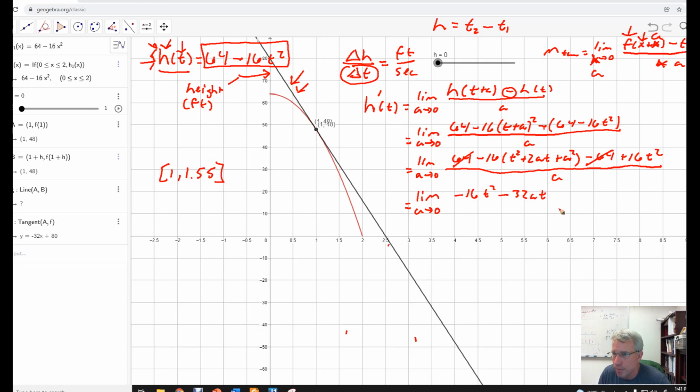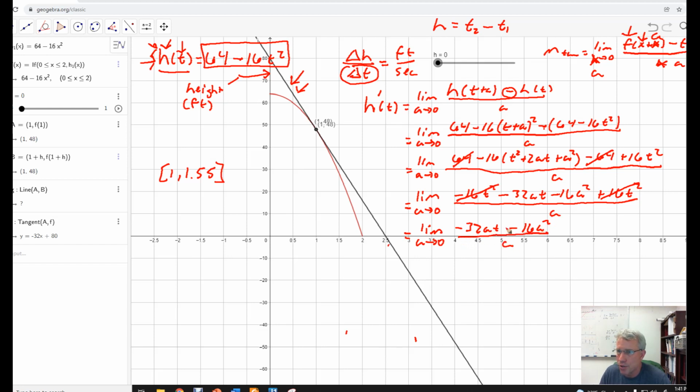Minus 16 times plus a squared is minus 16a squared, plus 16t squared, all over a, equals the limit as a goes to 0. Simplify things if we can. Let's see. Negative 16t squared plus 16t squared is 0. So that's going to leave us with minus 32a times t minus 16a squared all over a.